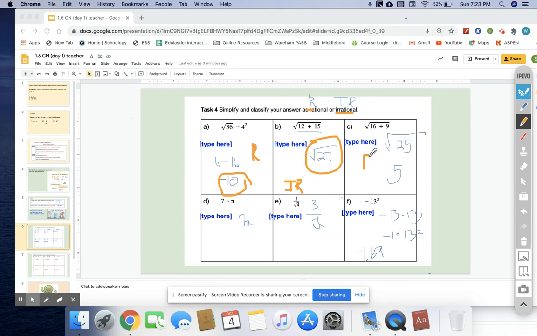That's rational. 7 pi is irrational. 3/2 is rational. I can write that as a ratio. And negative 169 is rational. Let me just circle this.